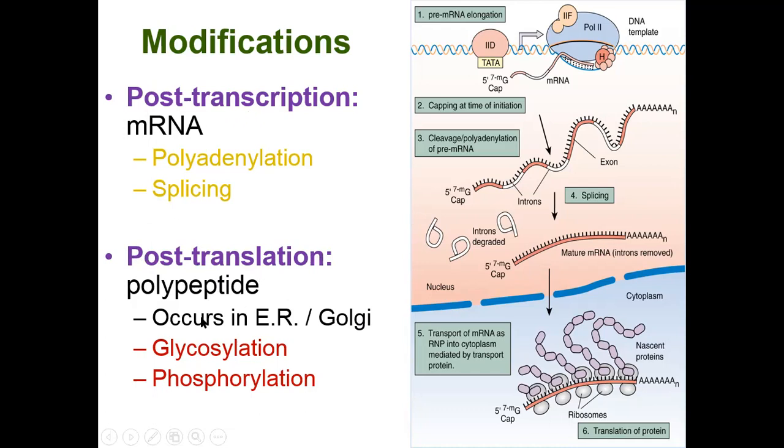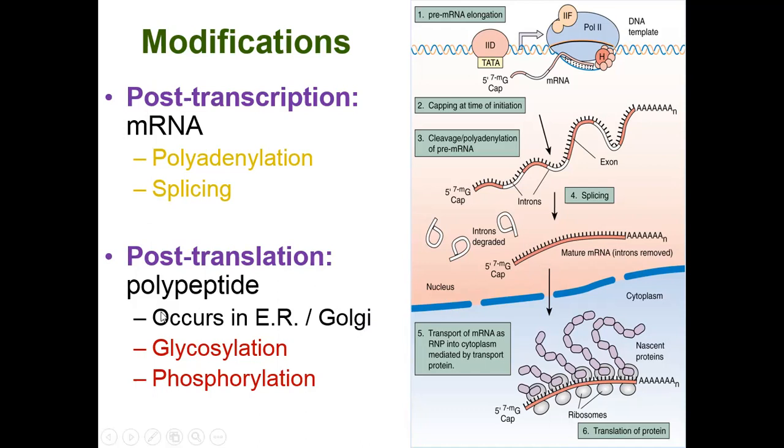Post-translational modifications usually happen in the endoplasmic reticulum or Golgi apparatus, which is a system where the protein is being packaged and getting ready to be sent to its final destination.